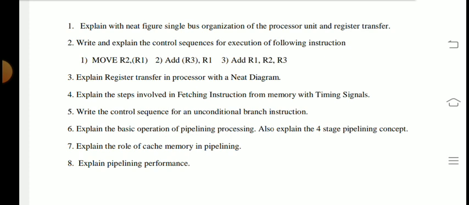In the first module, whatever questions I have given, those are all important. The format I have given, in the examination they can ask different questions in the same format. And the module 2 questions are all important, they can't twist anything. So if you know module 1 properly, then you can answer module 2 correctly.